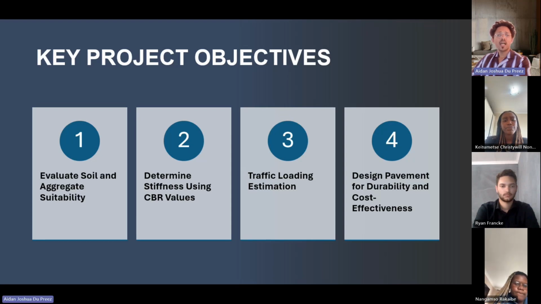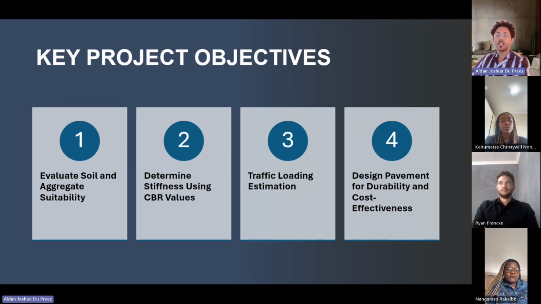For example, a stiff base layer spreads the weight of vehicles over a large area, reducing the stress on lower layers. This ensures the pavement follows mechanistic-empirical design standards, which blend material properties with real-world traffic behavior.